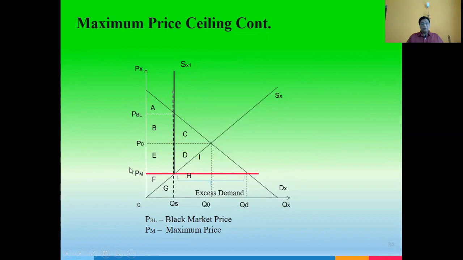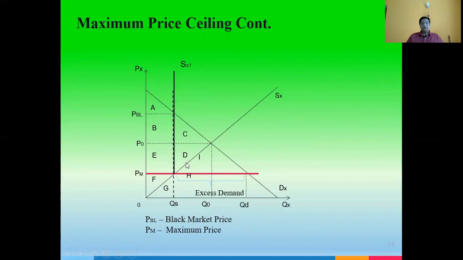When government imposes maximum price, supply curve after this maximum price becomes a straight line parallel to the vertical axis, because no one can charge higher prices for a higher amount of supply.